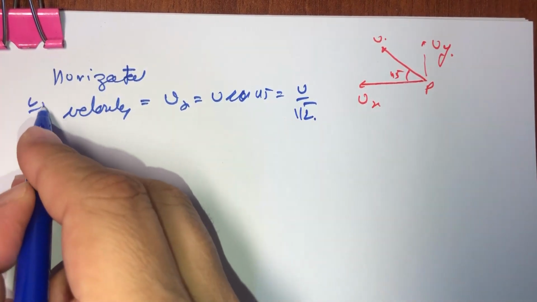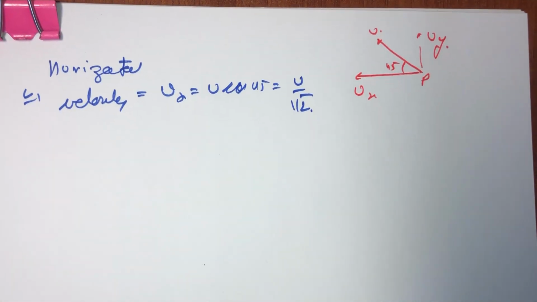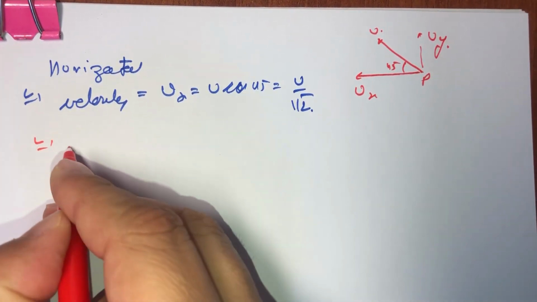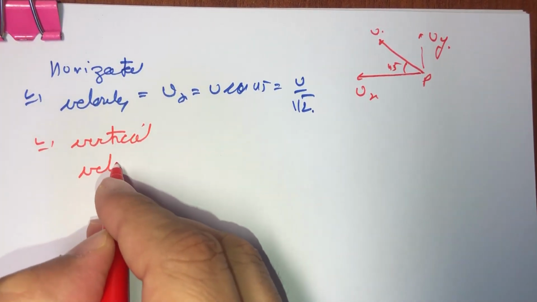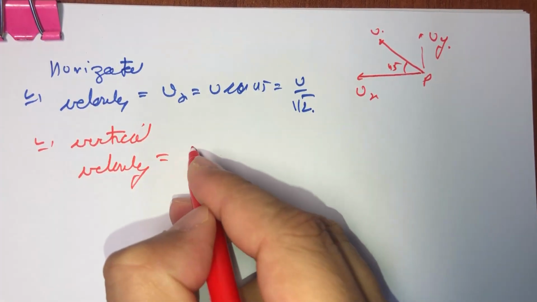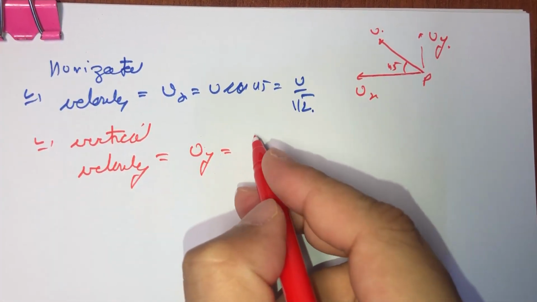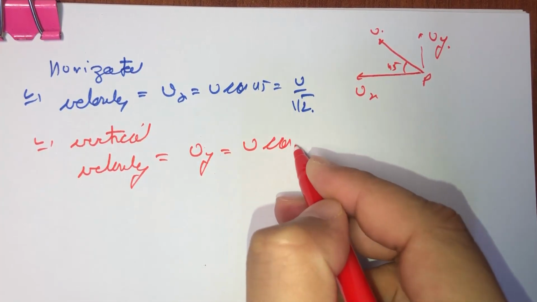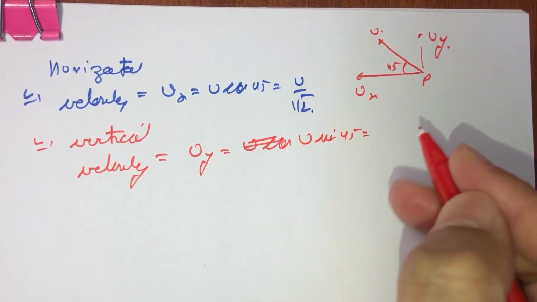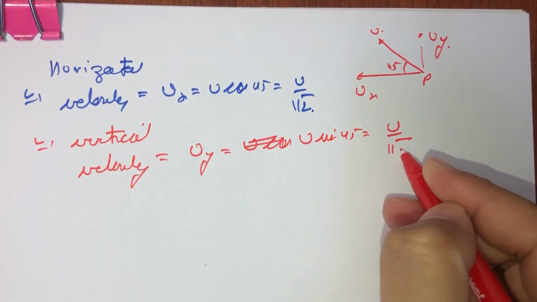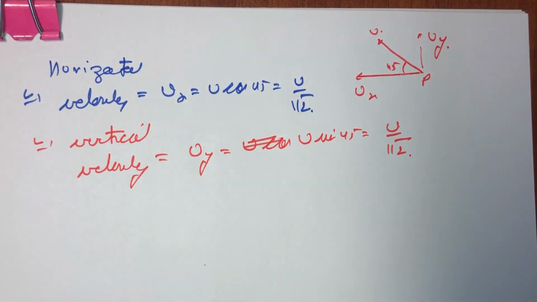And the vertical velocity v of y will be v sin 45, which is also equal to v upon square root of 2.